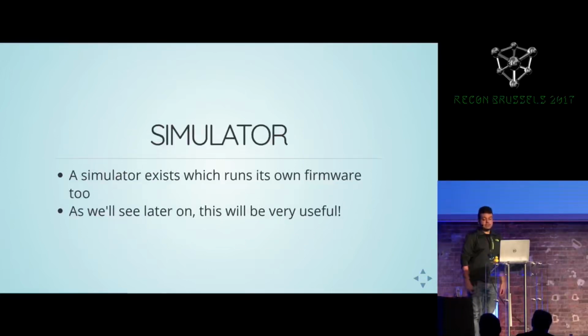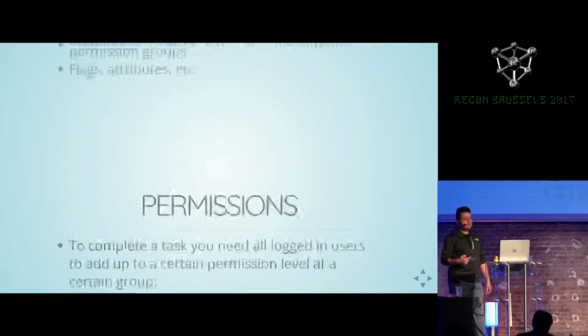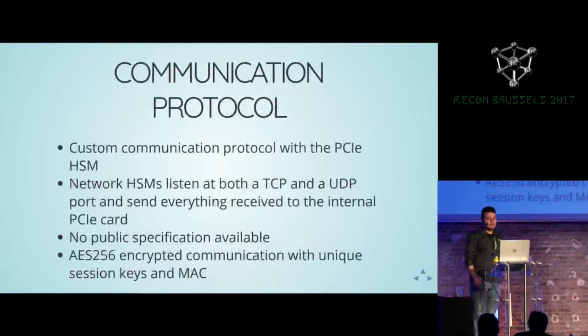It runs its own firmware, and as we will see later on, this will be very useful. There are some other things like users and permissions. We're not going to see a lot of this. They're not that important. There's a custom communications protocol. Network HSMs use exactly the same protocol. There's no public specification. We just know that it's encrypted and uses message authentication codes.